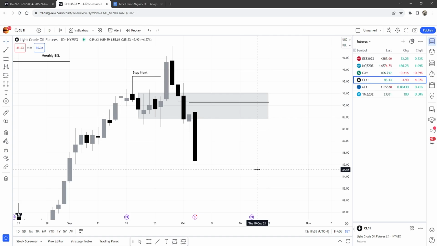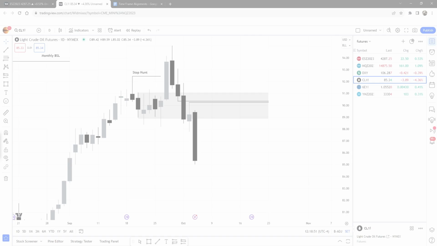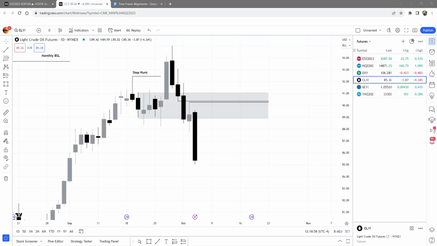Just because a position is on the screen doesn't mean it has to be executed. Have the discipline to confirm all of your concepts before pressing any buttons. As soon as you press any buttons, all of the control goes out the window. So make sure you do your due diligence before any buttons are pressed, okay?